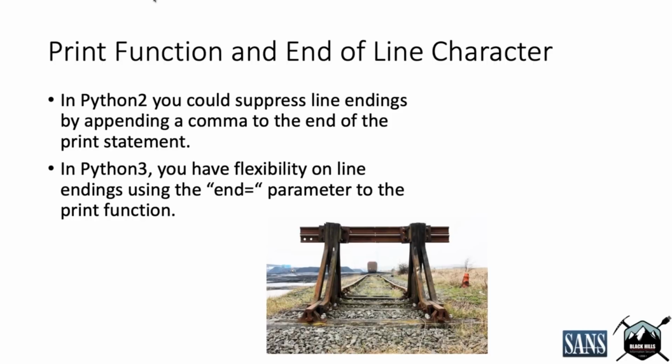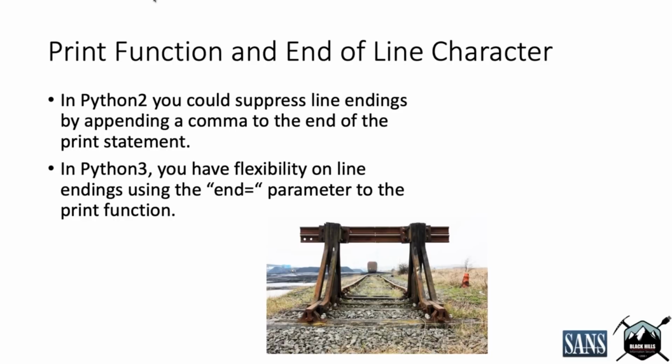Well, there is one other feature that you need to be aware of with the print function. In Python 2, you have this idea of suppressing line endings by appending a comma to the end of the print statement. Python 3 does not have that concept. Python 3 actually takes that to the next level by using a parameter to the function called end.